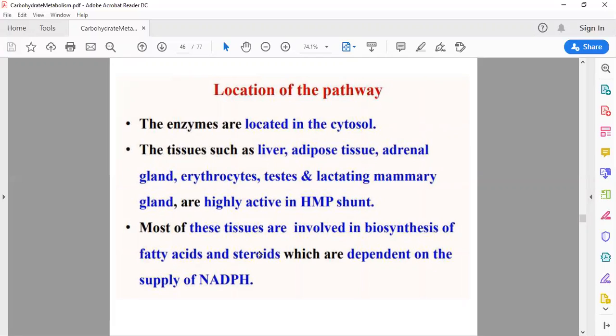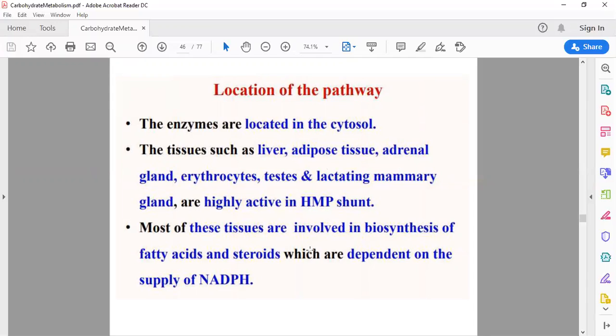When we discuss the location of the pathway, the enzymes related to hexose monophosphate shunt are mainly located in the cytosol. Tissues such as liver, adipose tissue, adrenal gland, erythrocytes, testes, and lactating mammary gland are highly active in HMP shunt.